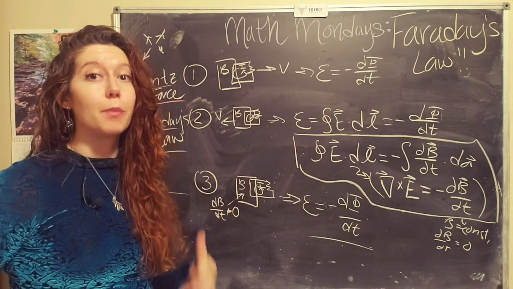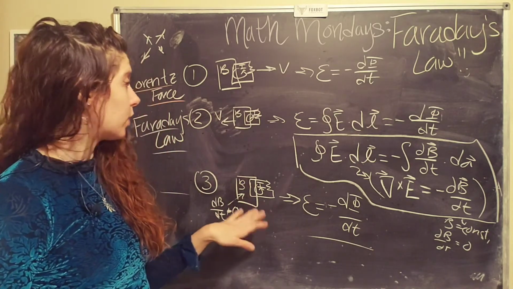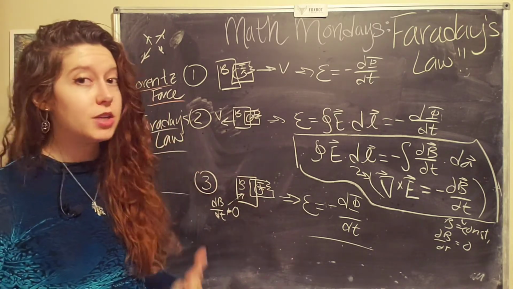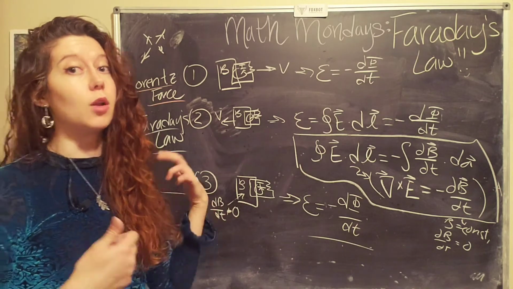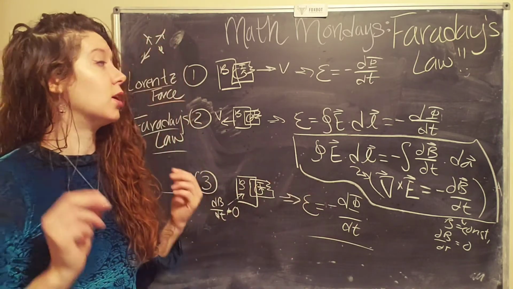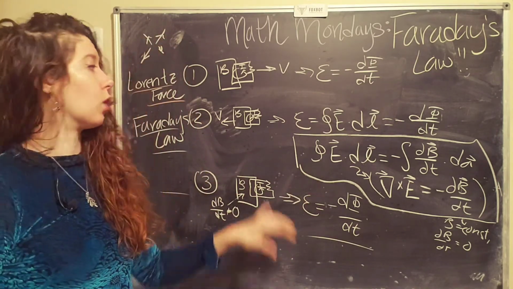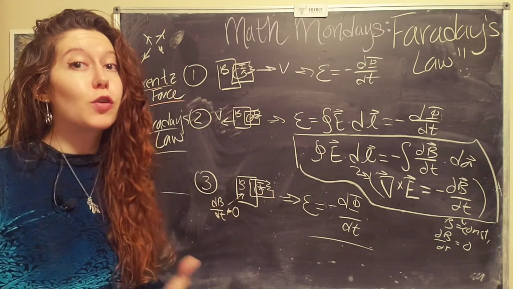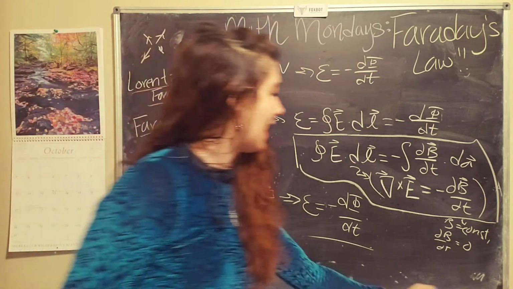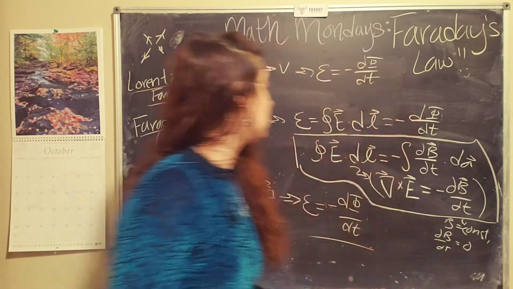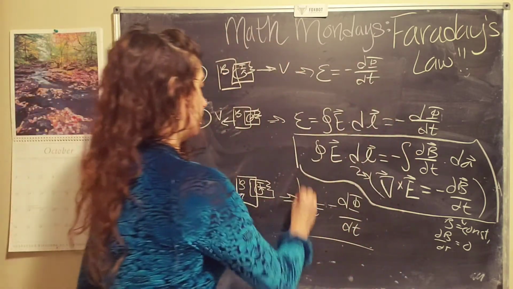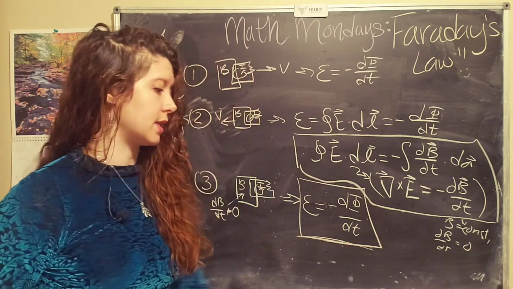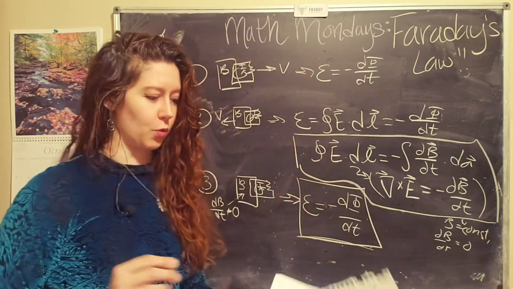In experiment number 2 and number 3, the changing magnetic field induces the electric field, and it's the electric field that is doing work. That's pretty wild. We have 2 different forces, but we end up with this universal flux rule, which basically says, let me make sure that I get the wording right.